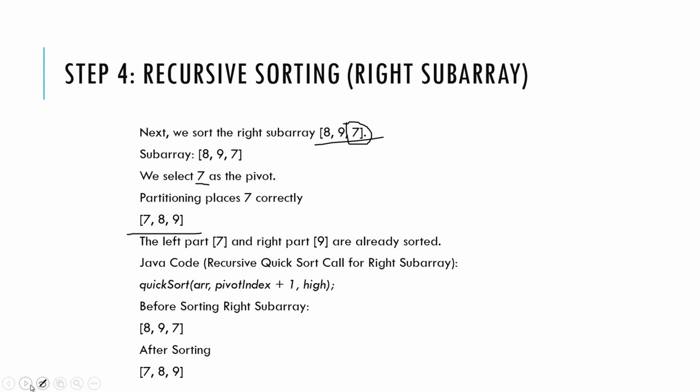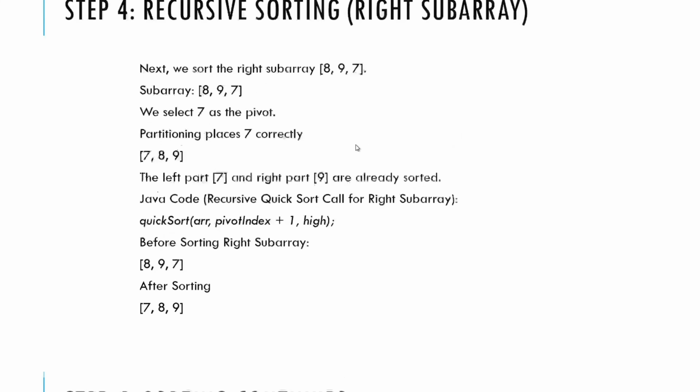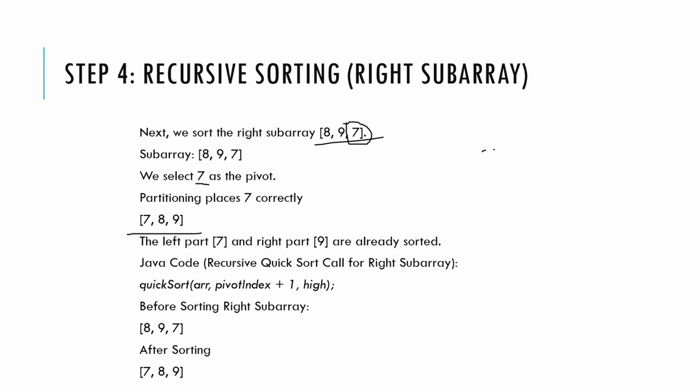Now it's interesting here. Let's turn back. We have the pivot 7, the left side and right side. Is 8 smaller than 7? No. Then 8 goes on the right side. Is 9 bigger than 7? Yes, 9. So you have no elements in the left subarray.